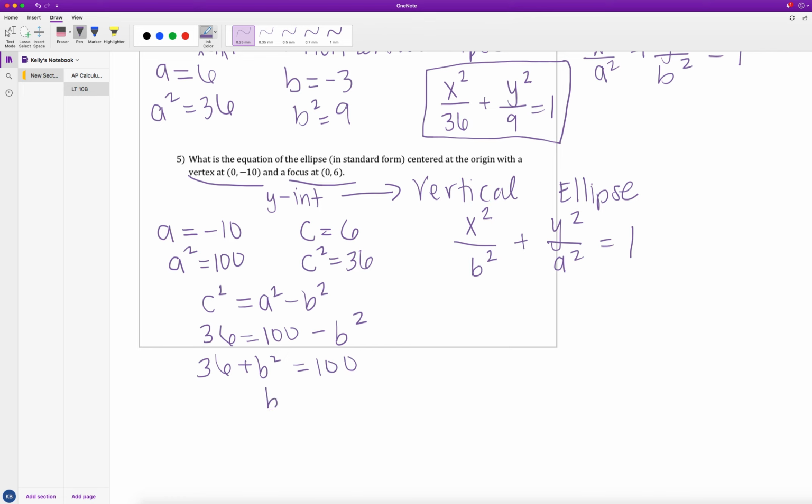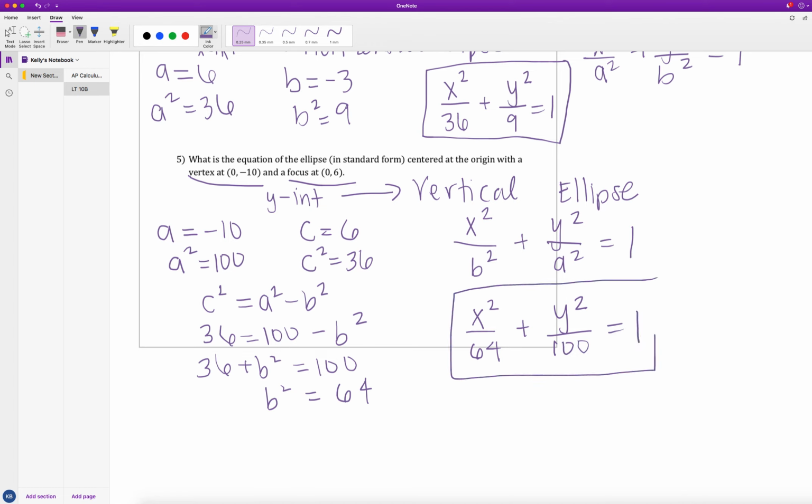To get b squared by itself, I'm going to subtract 36 from the other side, and I get that b squared is equal to 64. That is all I needed to fill out the rest of my equation. So I get x squared over 64 plus y squared over 100 is equal to 1. And that right there will be our final equation.